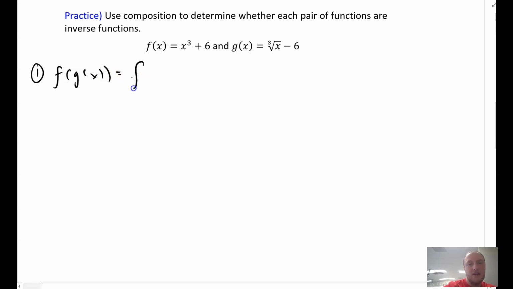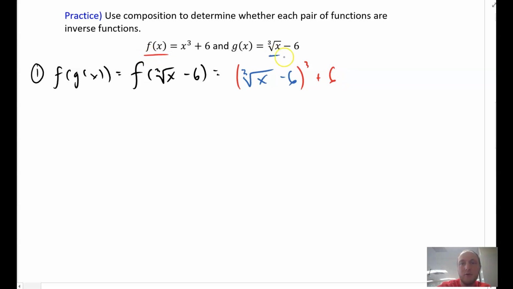I'm going to take my g of x function, which is the cubic root of x minus 6, and drop that into f of x. I'll color code for you. That's my x value, and I want this cubed, so this quantity cubed plus 6, where I'm using red for f of x and blue for g of x.